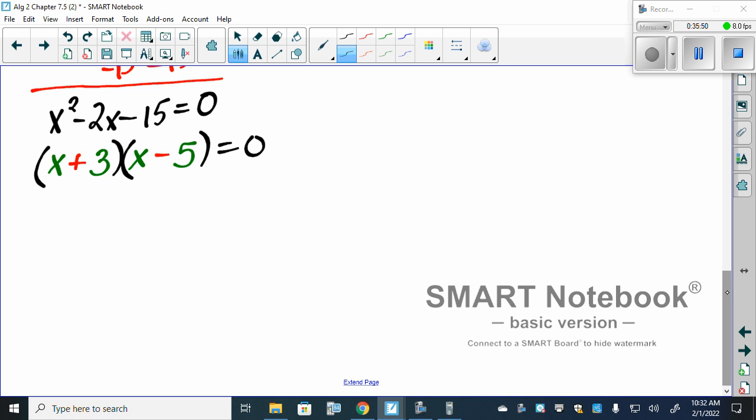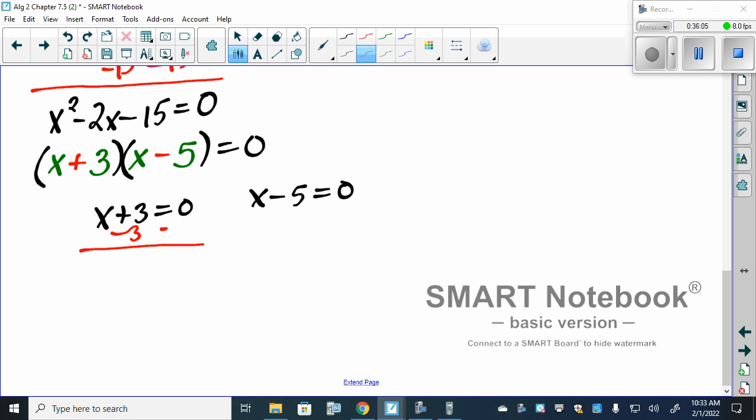And because we do have two things multiplied together equal 0, one of them has to be 0. So either x plus 3 is equal to 0 or x minus 5 is equal to 0. For x plus 3, to solve, we would subtract 3 from both sides, telling us x is equal to negative 3.